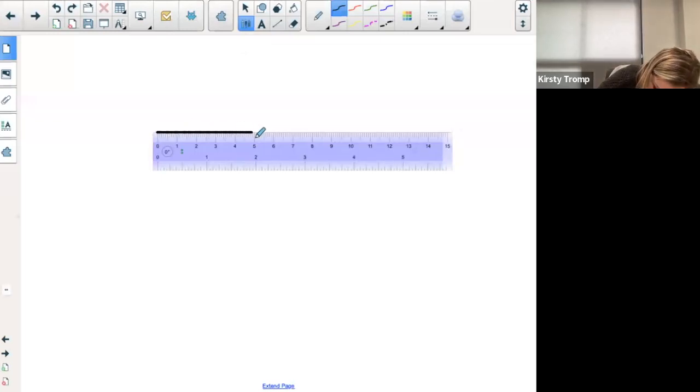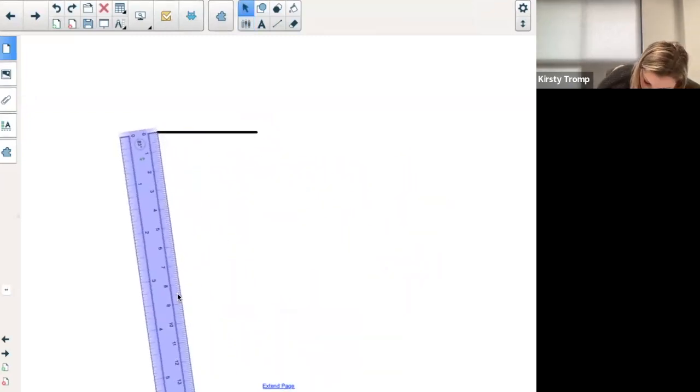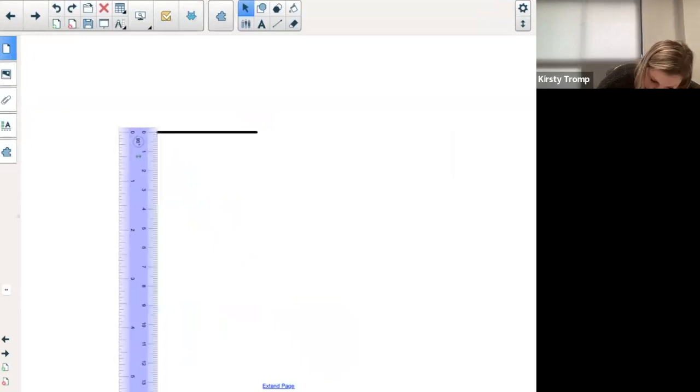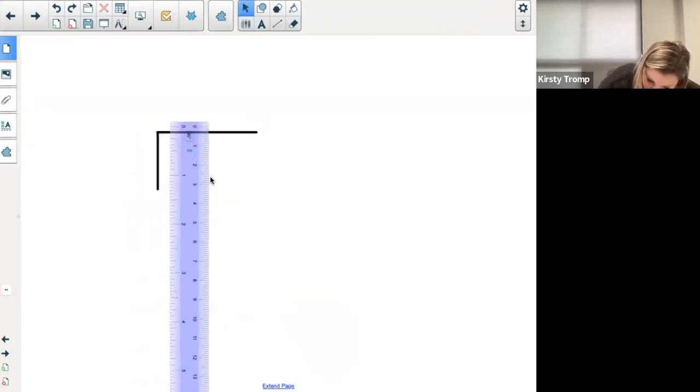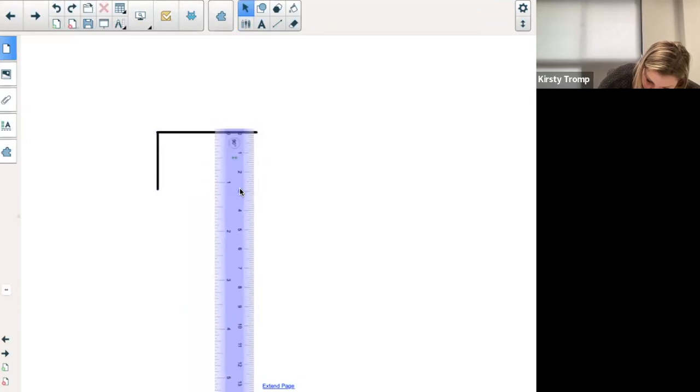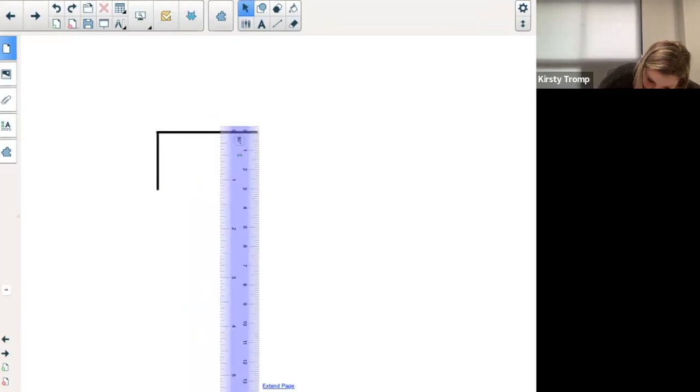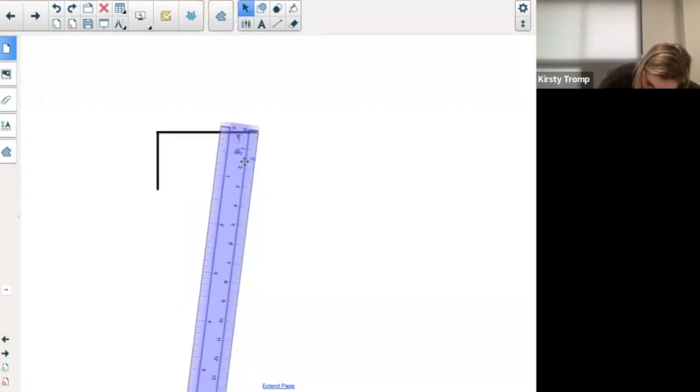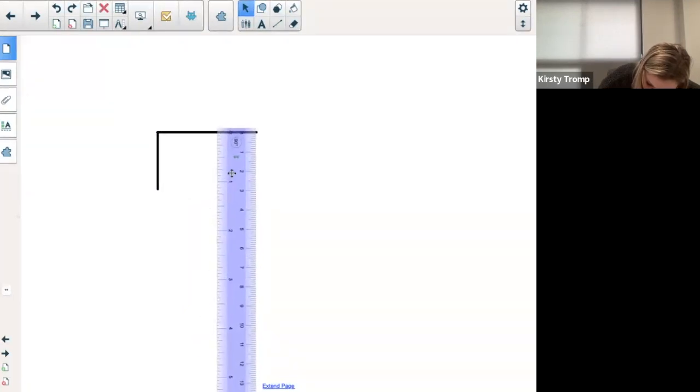So off we go, 5 centimeters. Flip my ruler around. My sides need to be 3 centimeters. Bring my ruler this side. Another 3 centimeters.